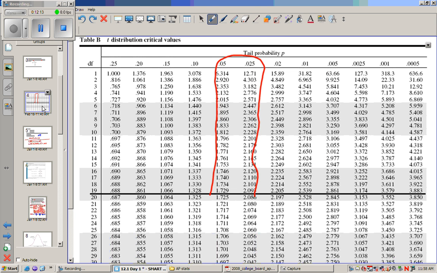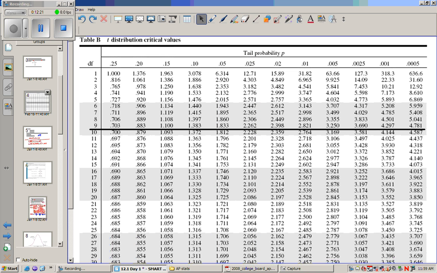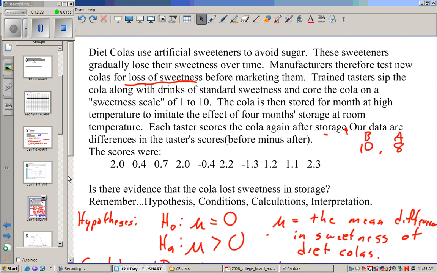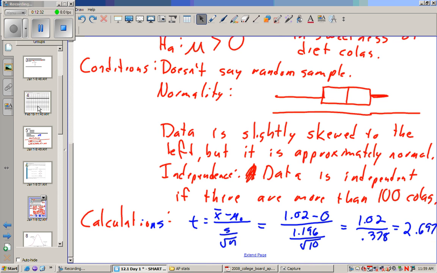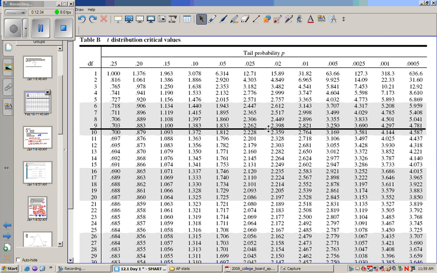Now let's find our p-value. If I look back at the chart, our degrees of freedom is no longer 19. It'll be 10 minus 1, which is 9. Now our t-value that we came up with was 2.69. So 2.69 would be in between here, between 0.01 and 0.02.